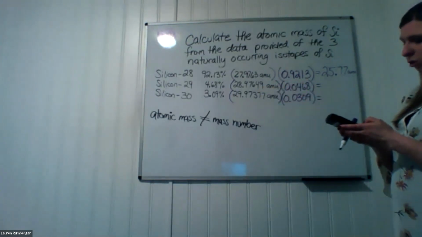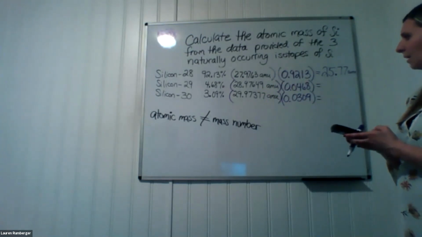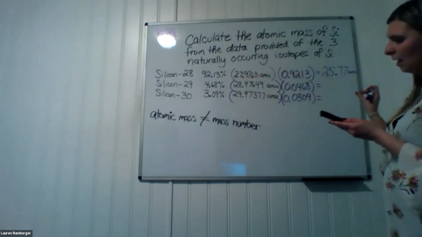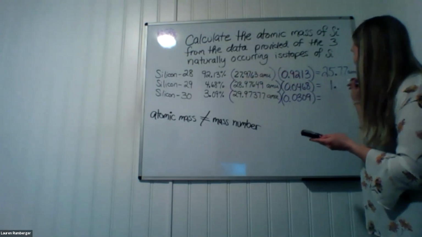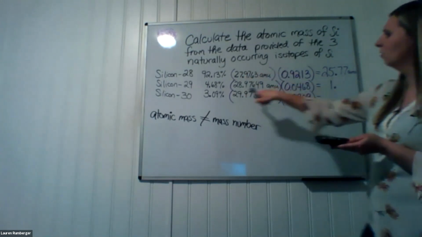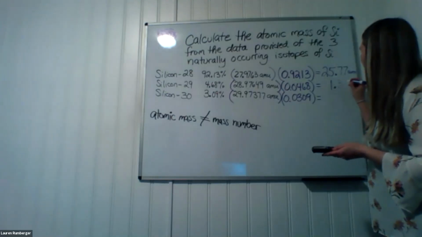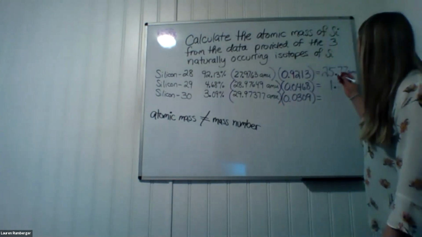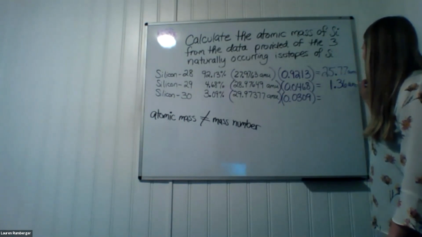Now, when we take 28.97649 and multiply that by 0.0468, for silicon-29, we'll do 3 significant figures from the percentage here. So this will be 1.36 AMU.